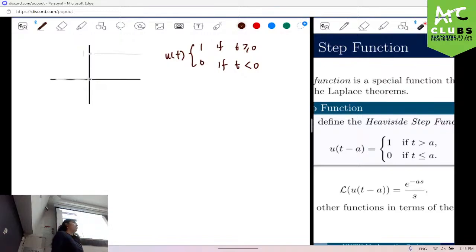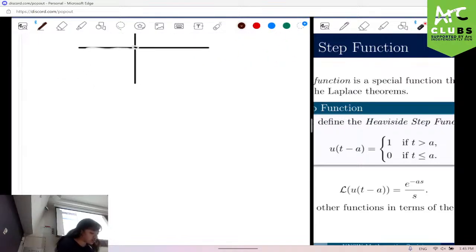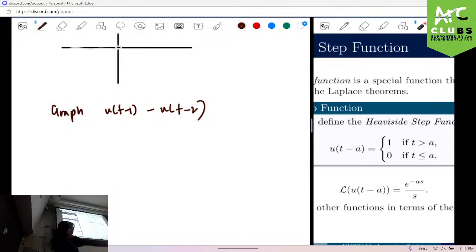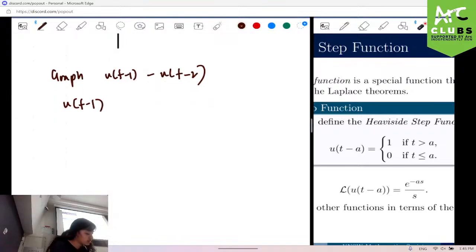So the thing about the unit step function is that we can shift and manipulate it. For example, let's try to graph u(t minus 1) minus u(t minus 2). We can take a very high school approach. First, we can draw u(t minus 1), which would be 0 all the way until it reaches 1.